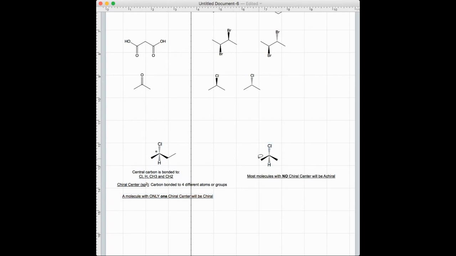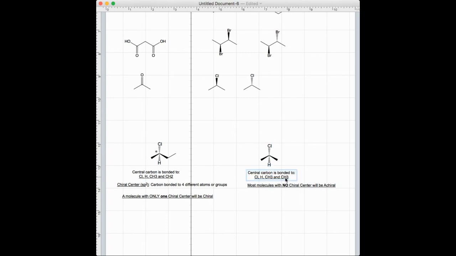Let's look at the molecule on the right side. On the right side, we have a CH3, three hydrogens, no chiral center. Three hydrogens, no chiral center. The carbon in the center is bonded to chlorine, hydrogen, CH3, and CH3 on the left and on the right.